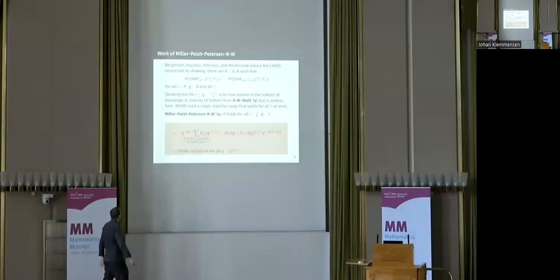And if you combine that, so this is what I should have said, this is work of myself, Jeremy Miller, Peter Patzt, and Dan Petersen. If you combine this with the previous work of Bergström, Diaconu, Petersen, and Westerland, you exactly get the following estimate. The left and first term of the right-hand sides are exactly what the conjecture said. And then we get an error term that's big O of this mess here.